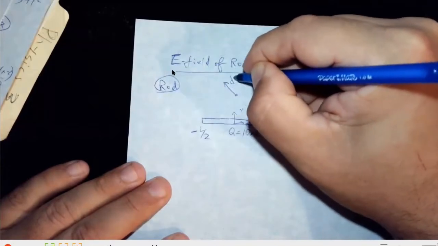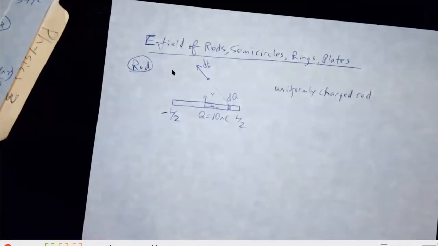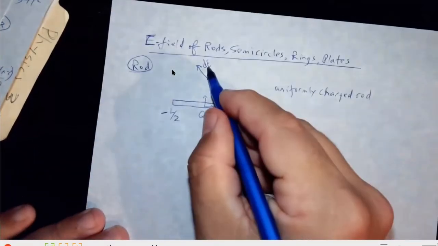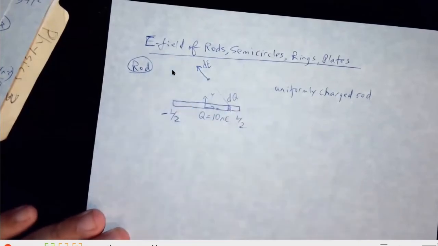This is the calculus approach: we take each charge, find the electric field of that charge, and then integrate along that rod.